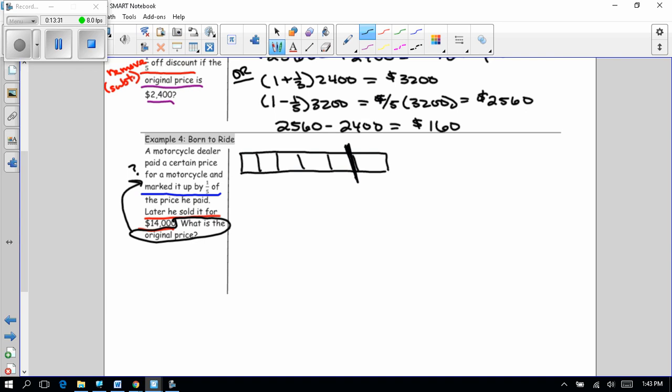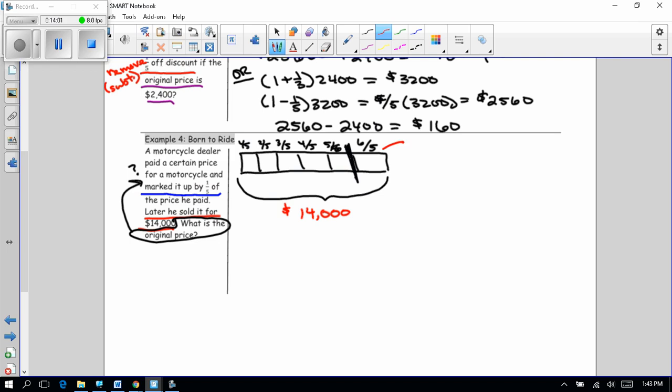But then he added another 1/5, right? So I've got 1/5, 2/5, 3/5, 4/5, 5/5, but then he marked it up another 1/5, right? So this is 6/5, or 1 1/5. This entire thing he sold for $14,000.